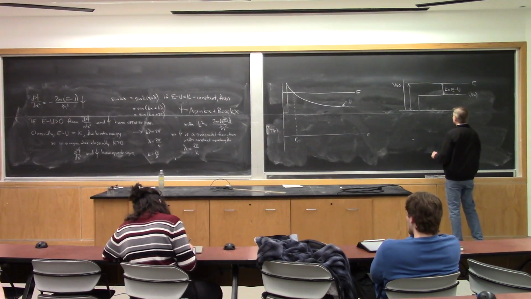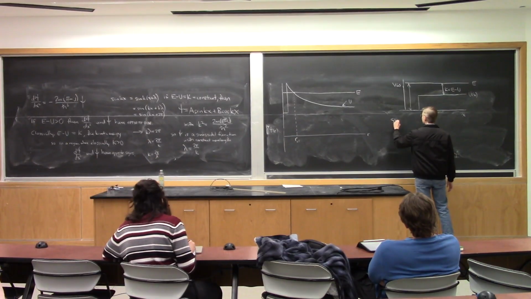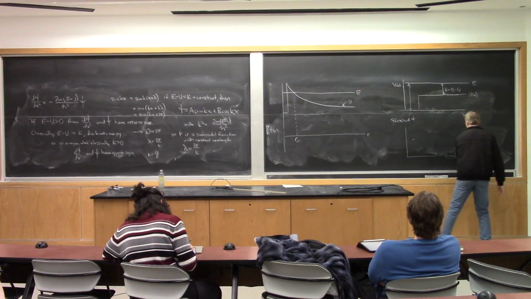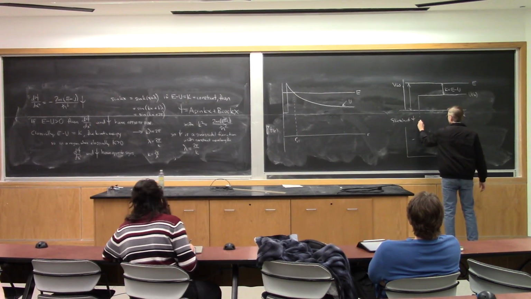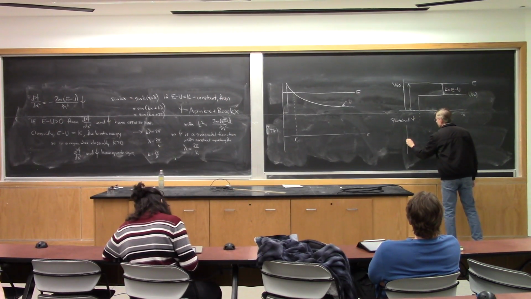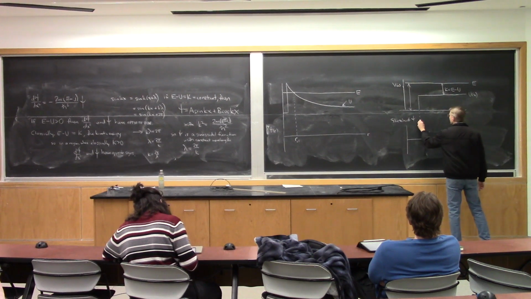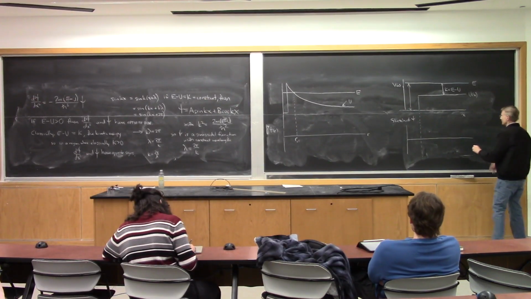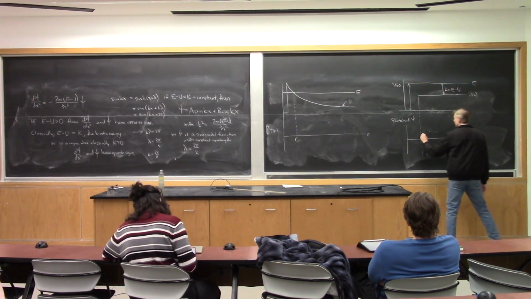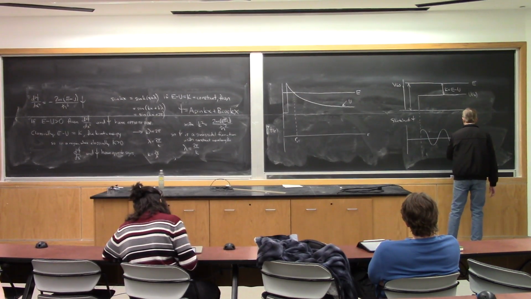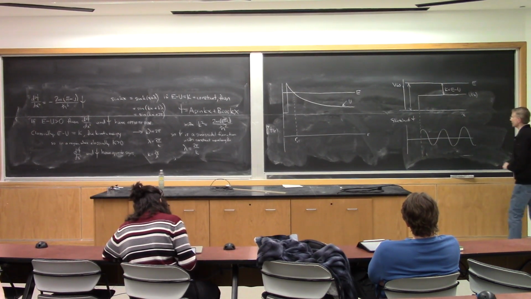So if I sketch, a very rough sketch of psi for this system, I do something like this. And I'm not claiming this is an accurate sketch at all. I'm not trying to be too careful here, but I'm doing it because I'm going to do something similar over there. So in this region, psi has some wavelength. Psi is looking something like that.